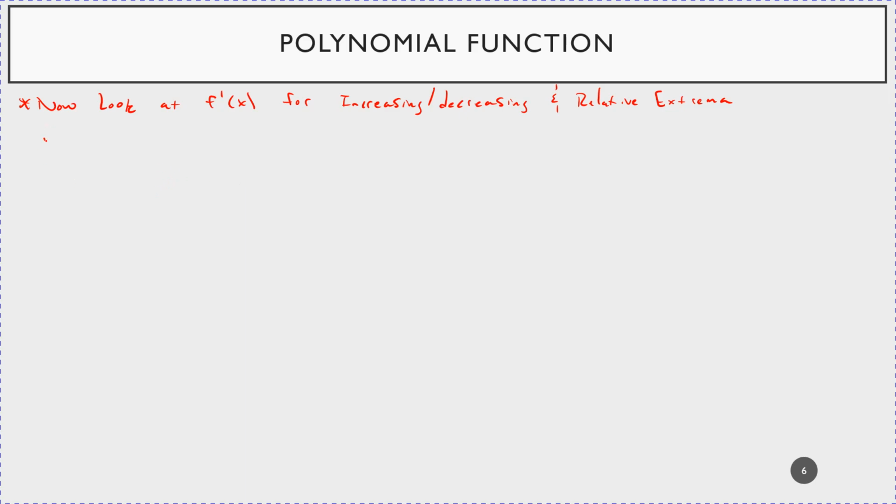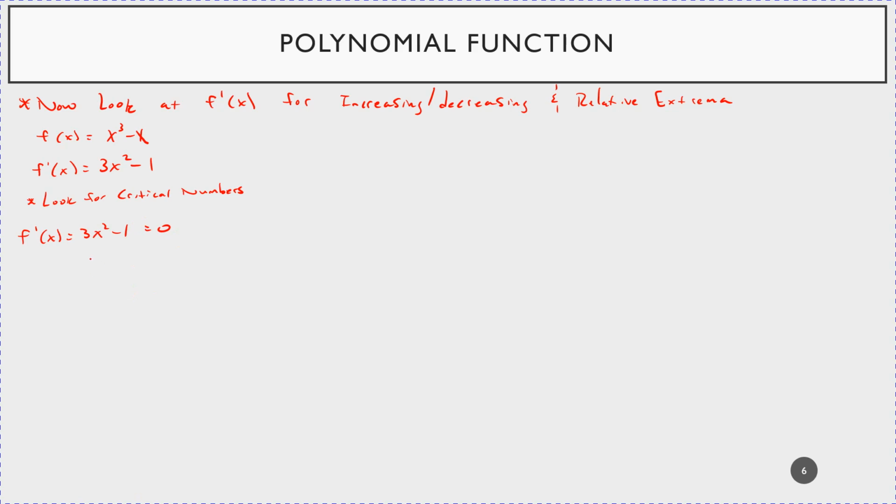All right, so this was our function, f of x, which was x cubed minus x. So f prime of x here ends up just being 3x squared minus 1. So you're going to look for critical numbers. Those occur where the first derivative is equal to 0.